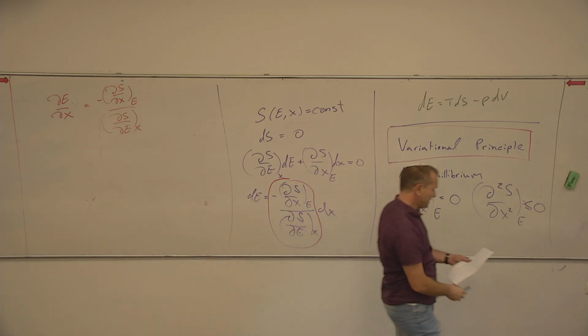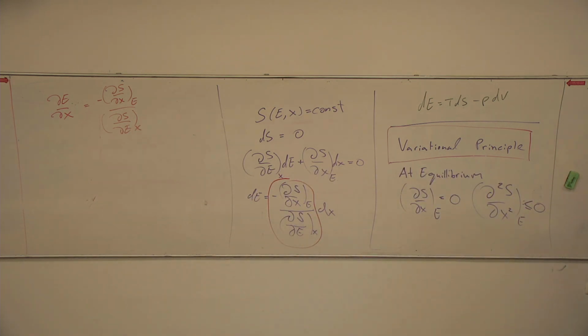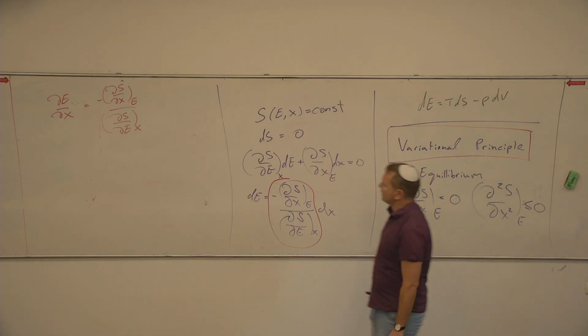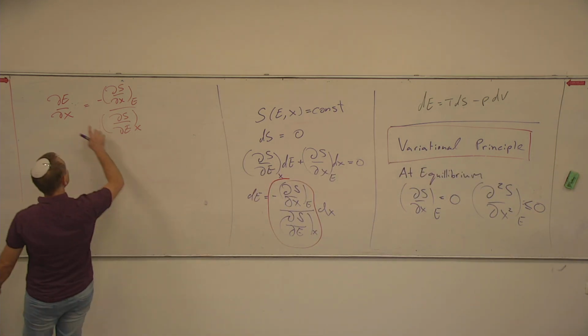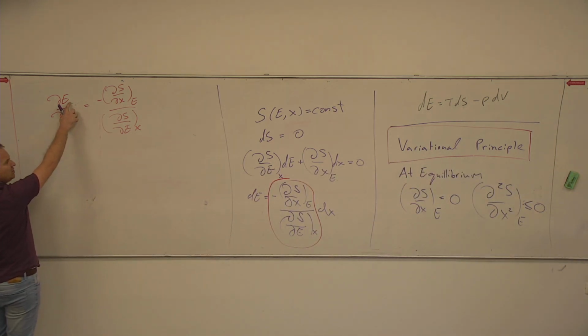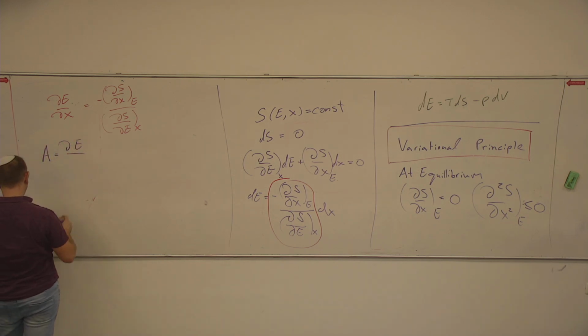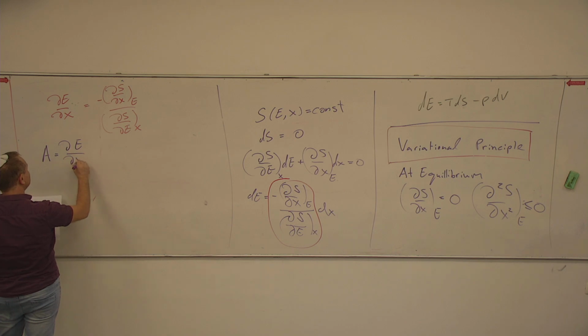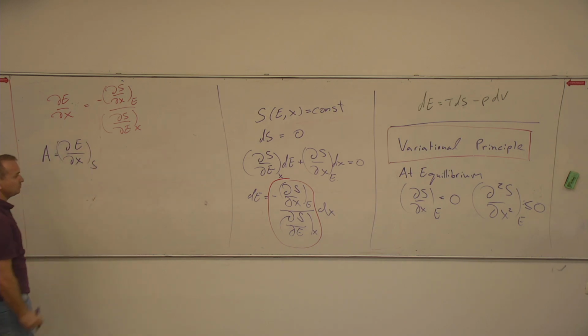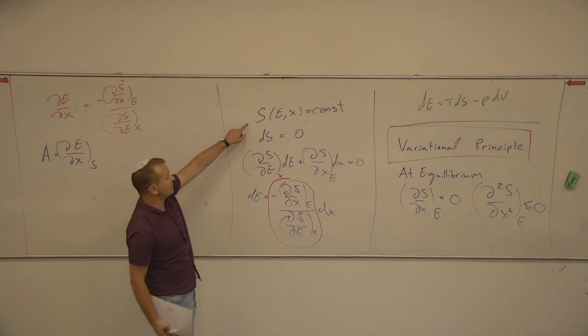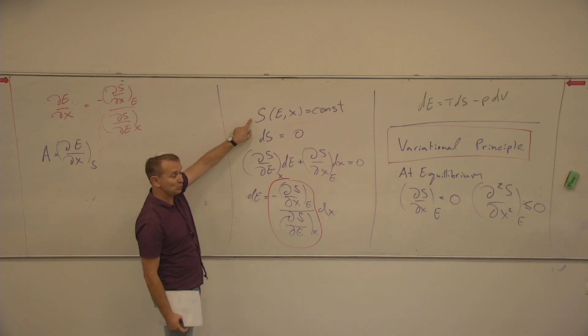Here I have a derivative that describes the variation of energy with respect to the internal constraint x. So I'll take A as ∂E/∂x with constant entropy, as was my assumption.